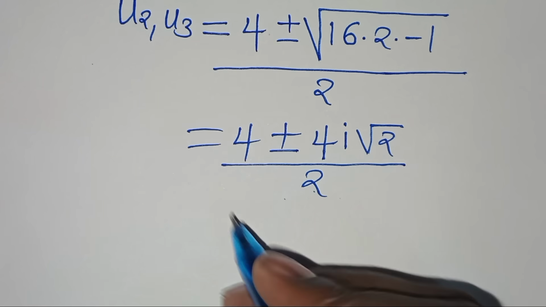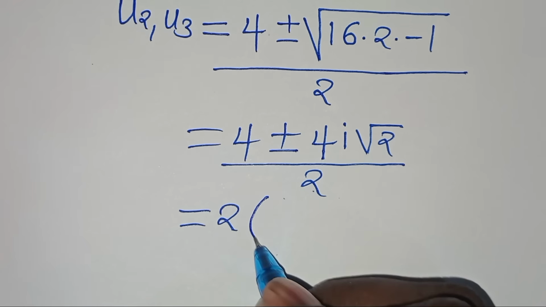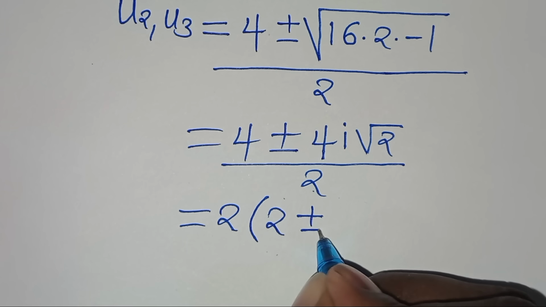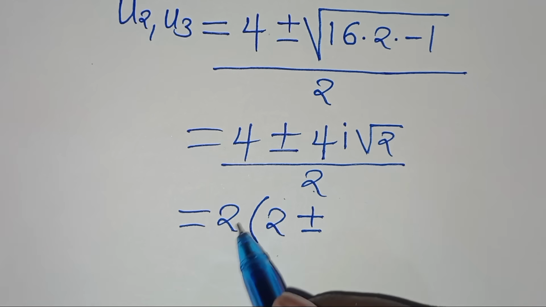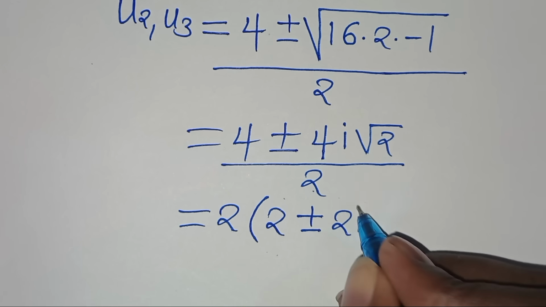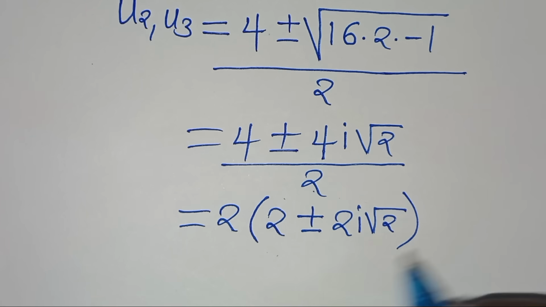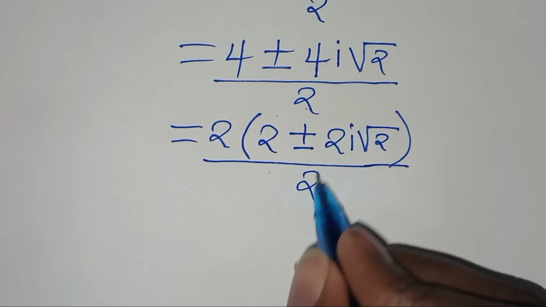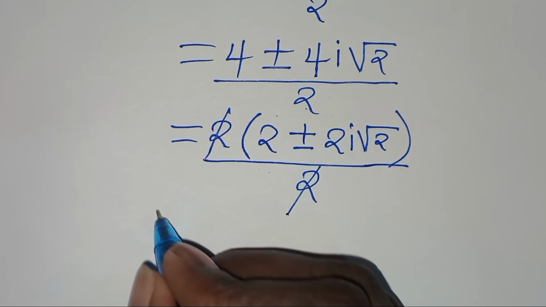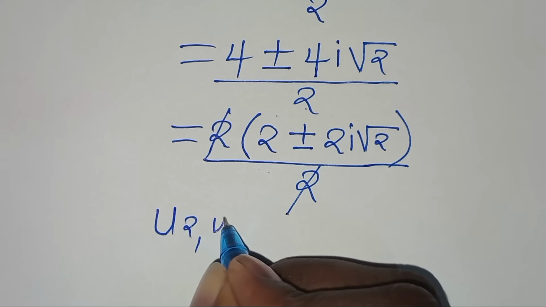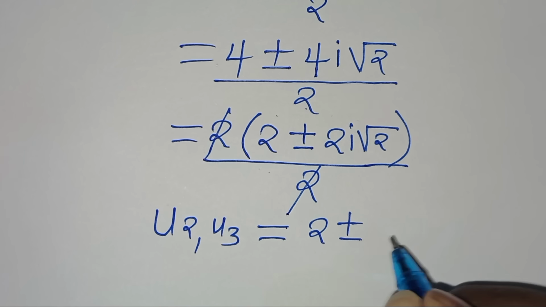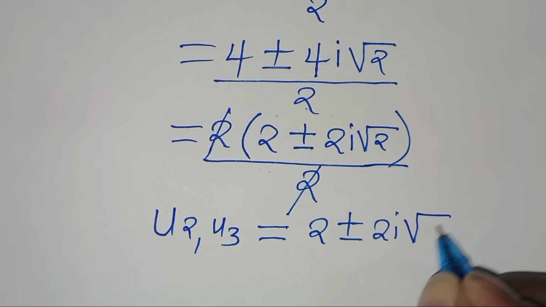In the numerator here, we have that 2 is common, so we have 4 divided by 2, this is 2, plus or minus 4i square root of 2 divided by 2, this is 2i square root of 2, then everything here divided by 2. So we can simplify 2 and 2 here, so that now u2, comma u3, this is equal to 2 plus or minus 2i square root of 2.